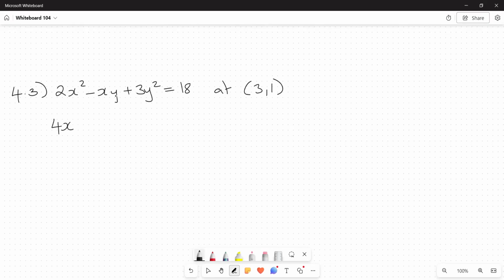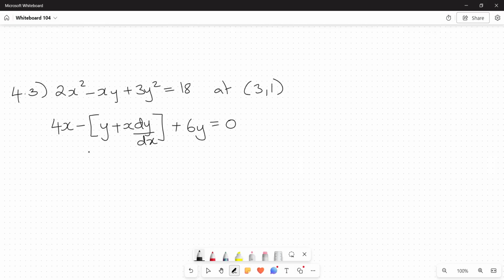The derivative here, we have to use the product rule. Derivative of x is 1. 1 times y is y. Then the derivative of y is dy/dx. Multiply that by x. The derivative of 3y squared is 6y dy/dx. The derivative of 18 is 0.